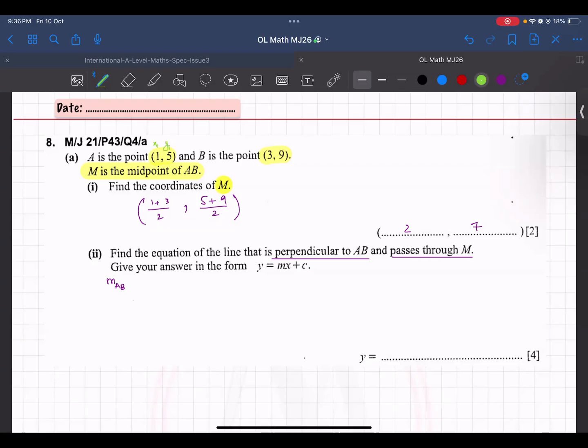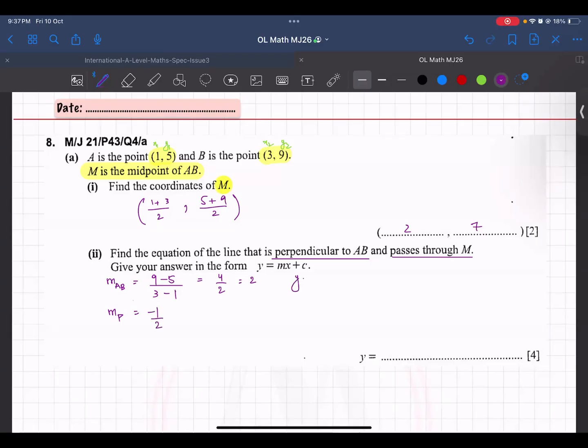X1, Y1, X2, Y2. Use your brain. Y2 minus Y1, 9 minus 5 upon 3 minus 1. 4 upon 2, so 2. And then the gradient of the perpendicular would be the negative reciprocal, negative 1 upon 2.